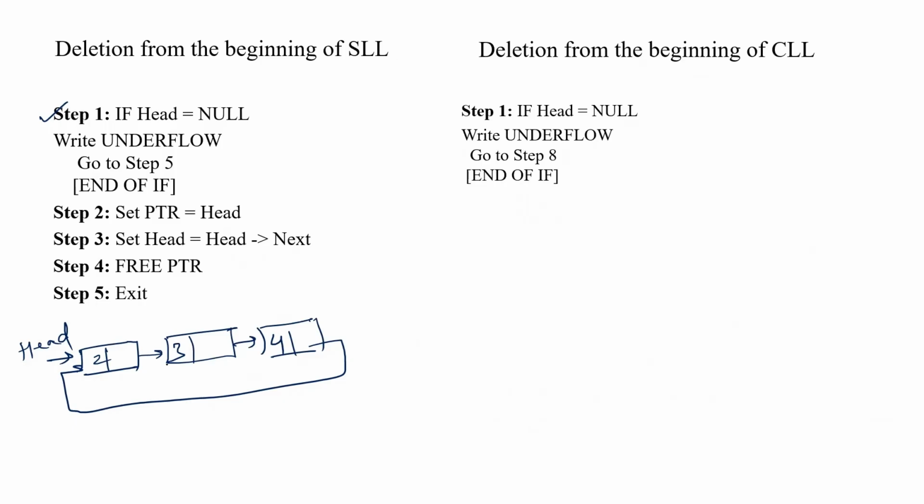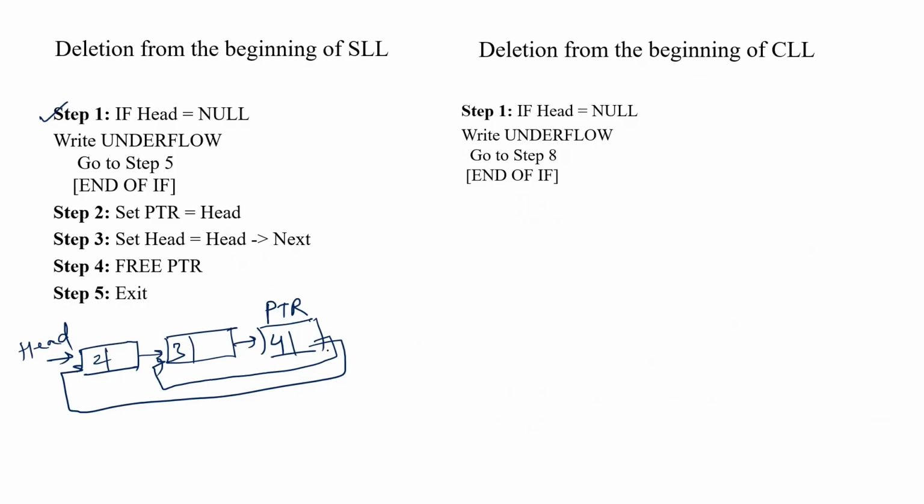Second thing, if we delete 2, then we will have some new link from 4 to 3. For that, we have to bring some pointer to this location. Some pointer PTR will come on this location.